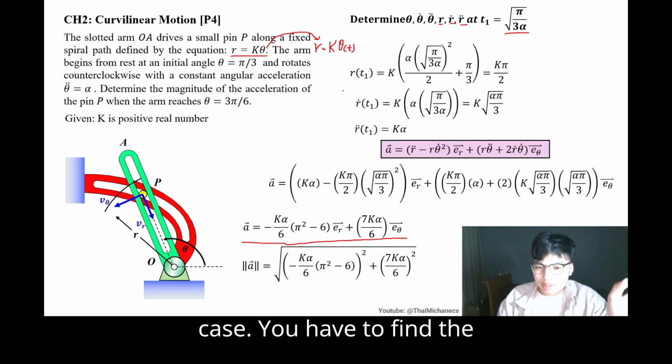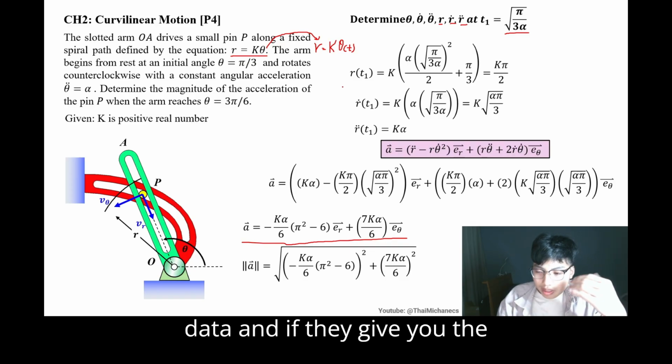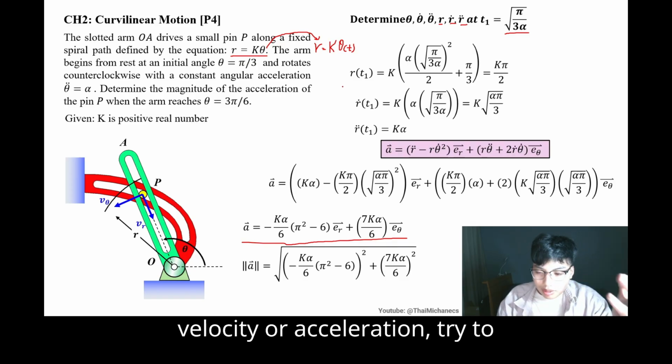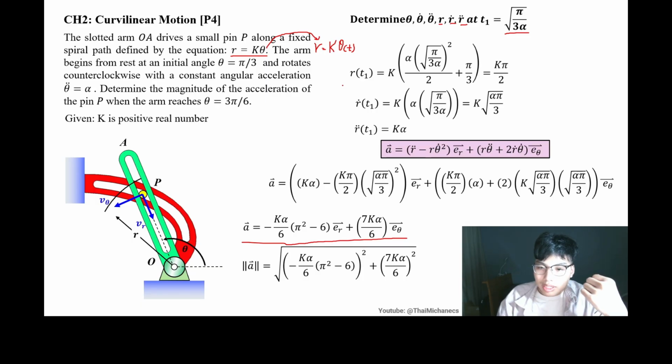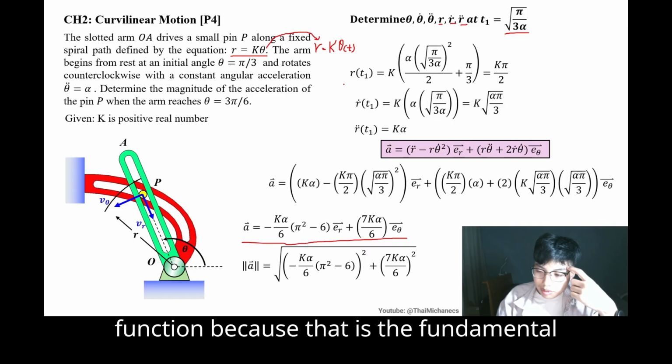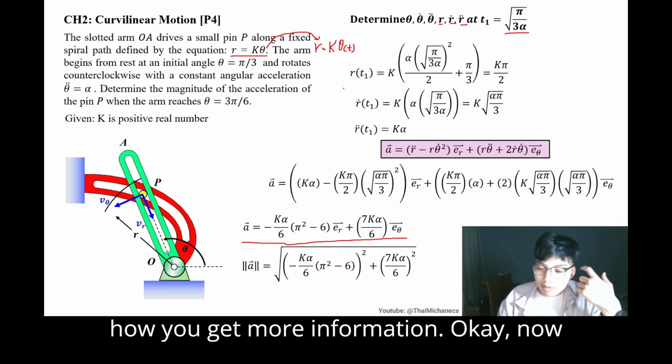In any case, you have to find a relationship for r and theta, and if they give you the velocity or acceleration, try to integrate it back to get the position function, because that is the fundamental of how you differentiate it and how you get more information.